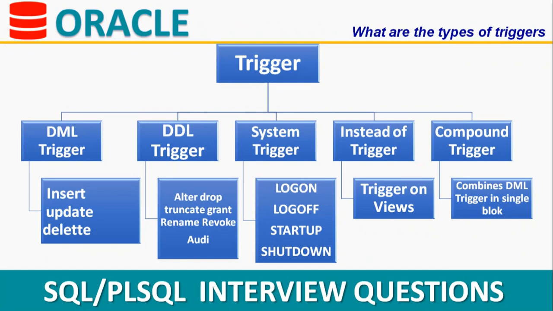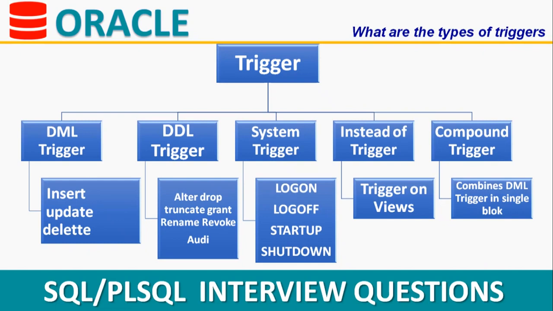In some organizations you still have to work within business hours, 9 to 6, and you cannot work outside them. To handle those situations, you use system event triggers. If you try to log out of the session before business hours, it won't allow you to log off.